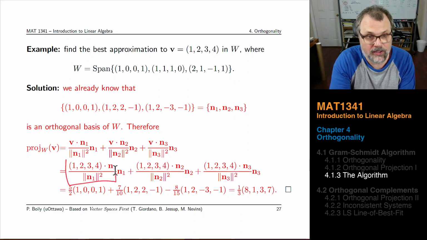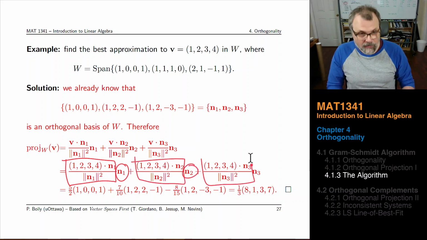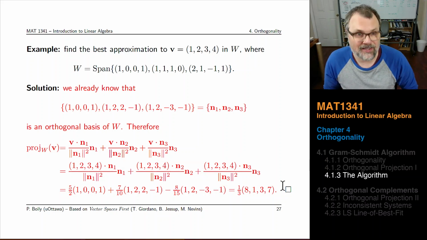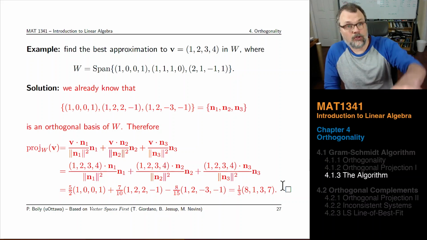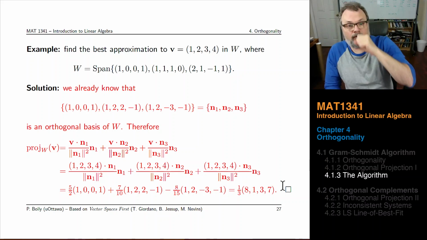This bit is a real number, this bit's a vector. Real number, vector. So you have a sum of 3 vectors, and their result is the vector 1/3, 8, 1, 3, 7. That is in W. You see that it is not the same thing as 1, 2, 3, 4, but it's not that far from it either.